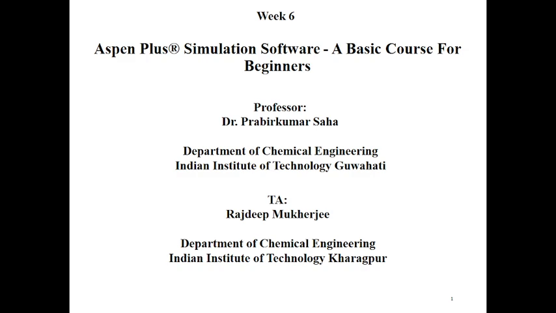From this week onwards, we are going to focus on different unit operations in chemical engineering. For that, we are going to perform simulation on specific blocks provided by Aspen. This week we are focusing on the reactors, so the questions will involve the different reactors provided in Aspen.